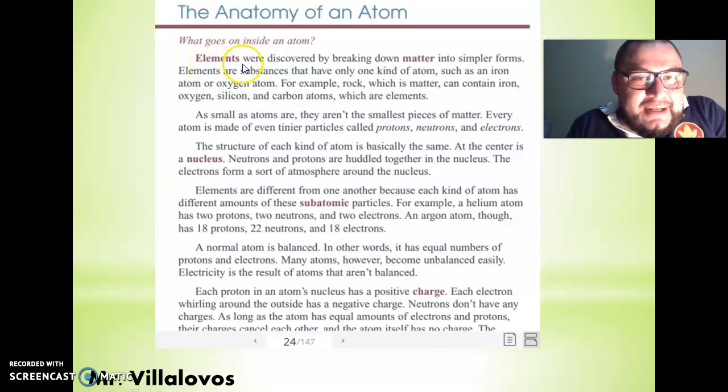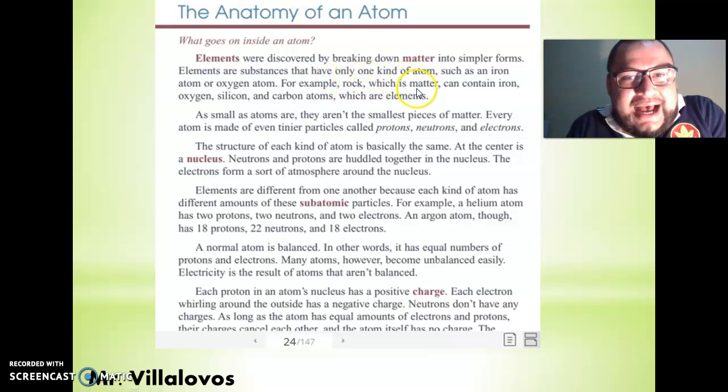Elements were discovered by breaking down matter into simpler forms. Elements are substances that have only one kind of atom, such as an iron atom or an oxygen atom. For example, a rock, which is matter, can contain iron, oxygen, silicon, and carbon atoms, which are elements.